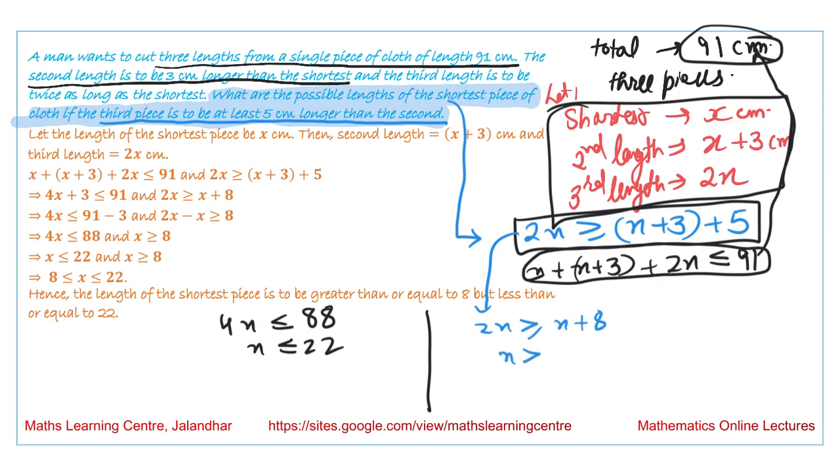So x is greater than or equal to 8. So what we obtain from these values is that x should be greater than or equal to 8 and less than or equal to 22. So the length of the shortest piece is to be greater than or equal to 8 but less than or equal to 22.